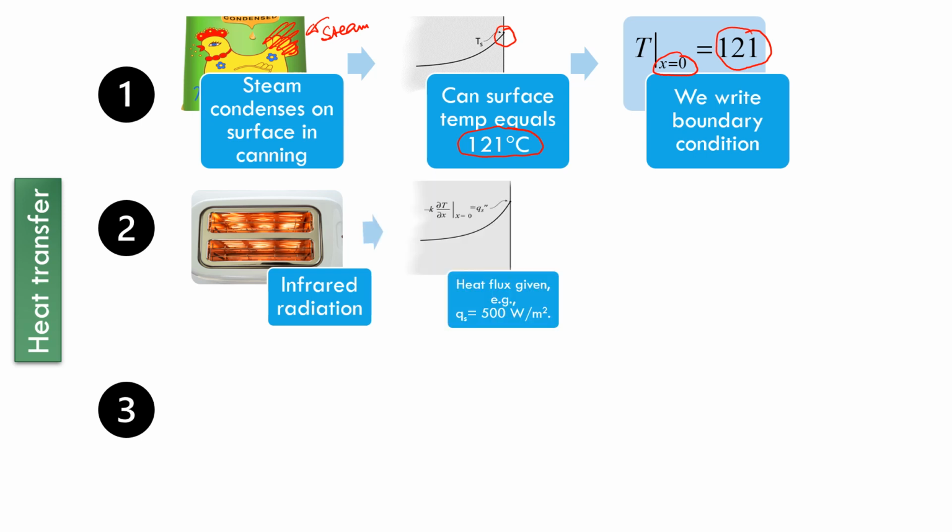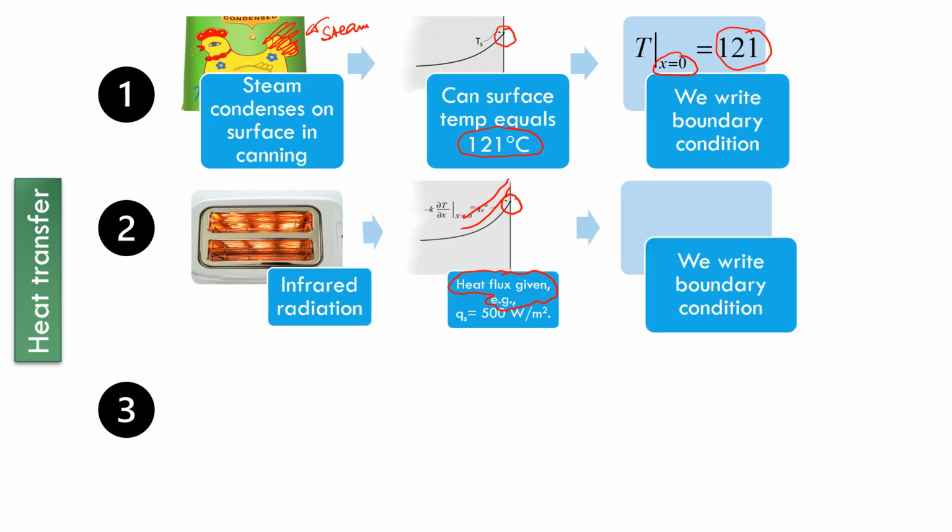So then we have a condition where heat flux is given at some value. In other words, here the temperature is not set. In fact, the temperature will continuously increase with time, but the flux, the amount of energy coming in, is set, and so here is a condition where heat flux is given.